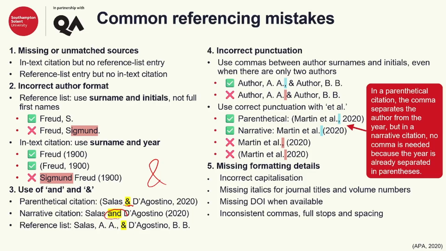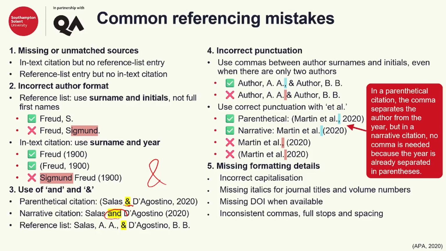For example, Salas and D'Agostino (2020), with the year in brackets. In the reference list, also use an ampersand before the final author. Remember that a comma separates the author from the year in the parenthetical citation. In the narrative citation, no comma is needed before the year because the year is already separated from the sentence by brackets.